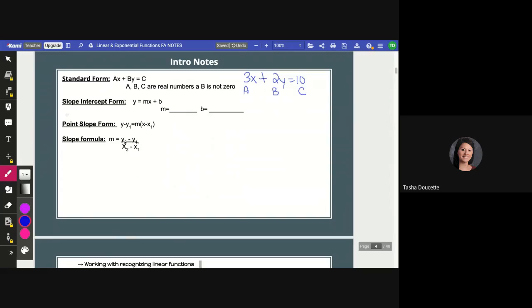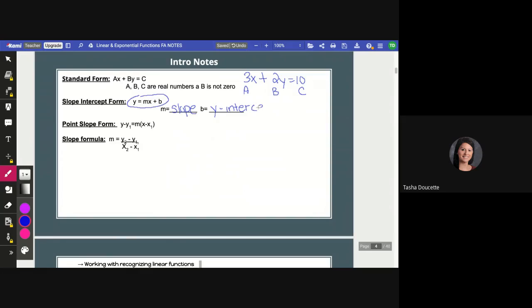The next equation we have is slope-intercept form. If they ask you to put something in slope-intercept form, they might ask you to take the standard form and turn it into slope-intercept form. And that just means that y is equal to mx plus b. So that's something that you want to keep repeating to yourself, y equals mx plus b, to find slope-intercept form. In that equation, your m is your slope, and your b is your y-intercept.